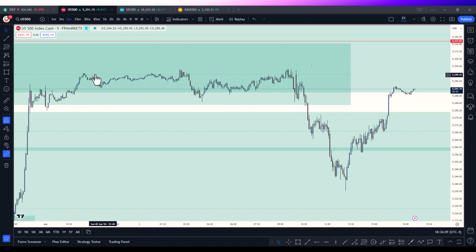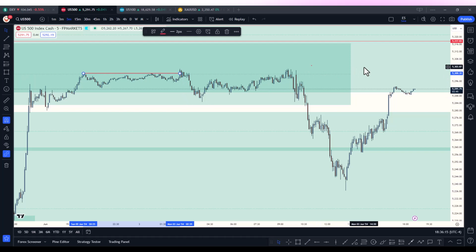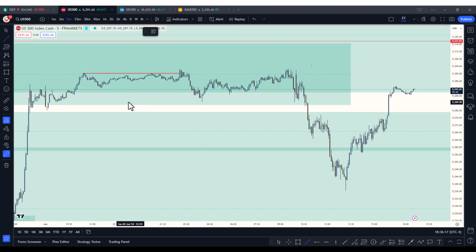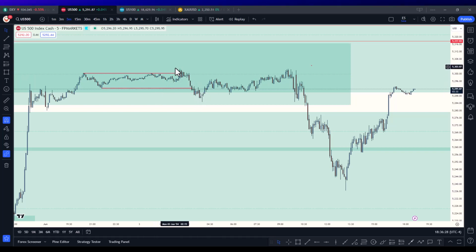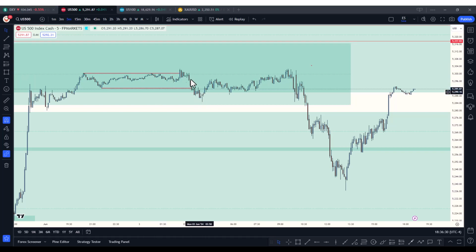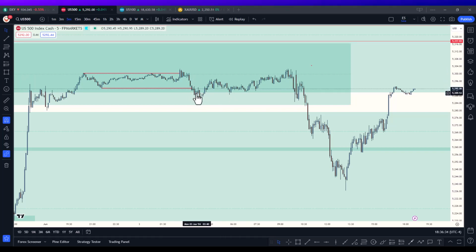So we had this high, and we had this low, and that's a flip, closing above, closing below. So we want this flip to get mitigated, which doesn't.